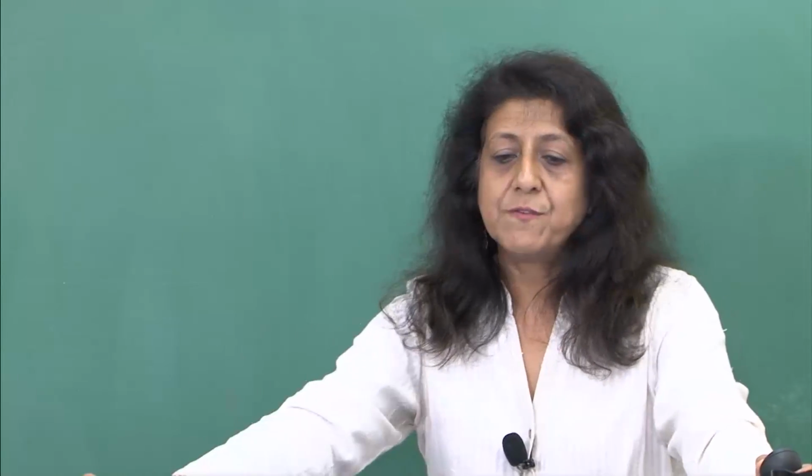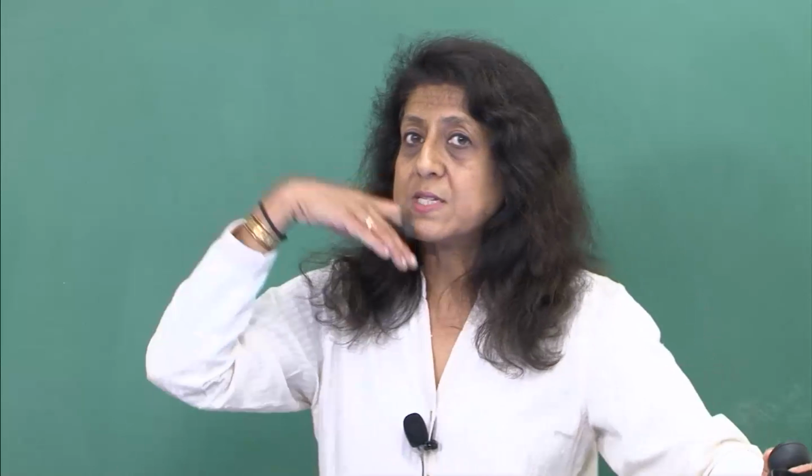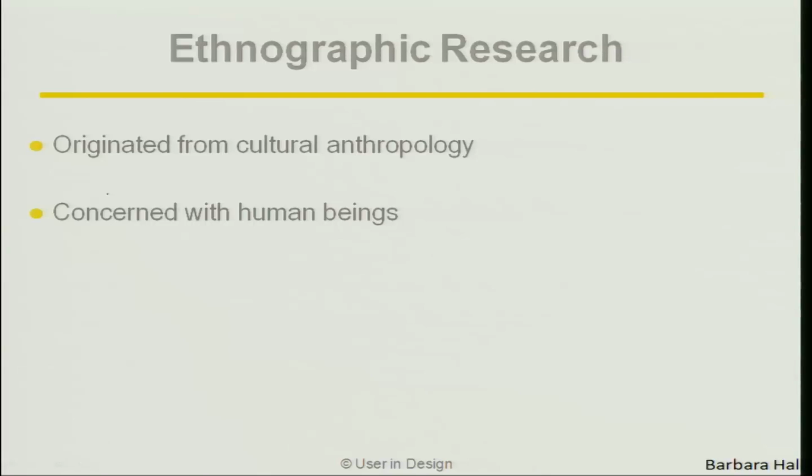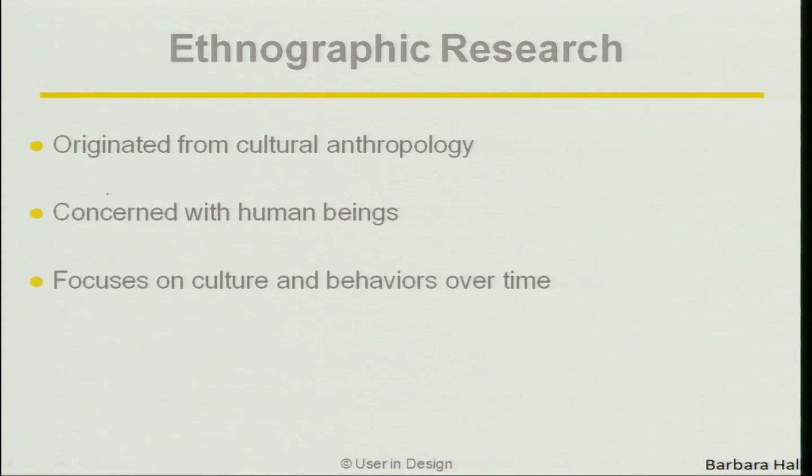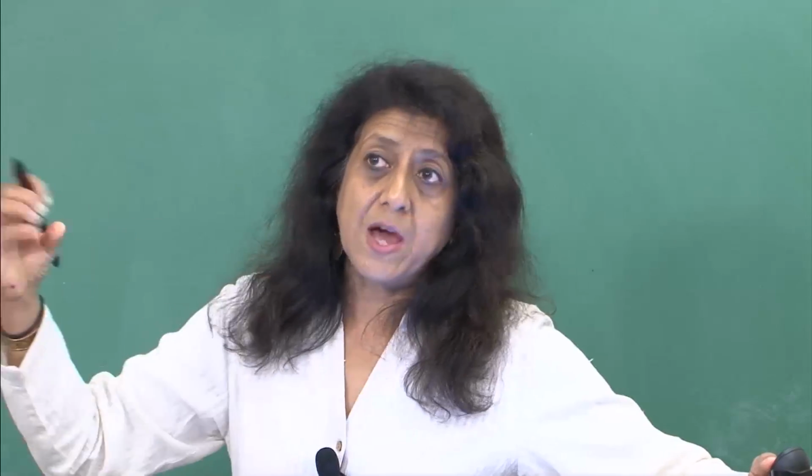I'll just give you a brief about this, and then we will understand how it's adapted to the way we do this research. It is concerned with human beings. It's concerned with people, right? Research on people focuses on culture and behaviors over time. So originally, anthropologists used to study the movement of tribes, for example.